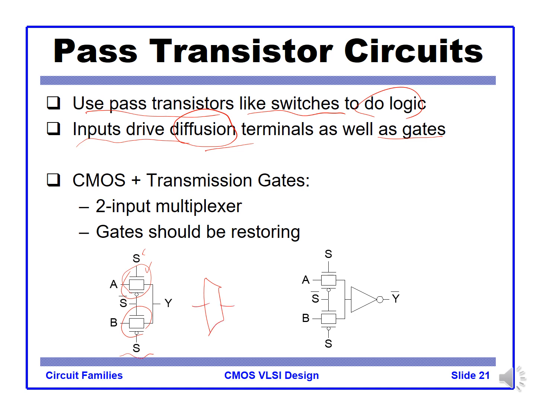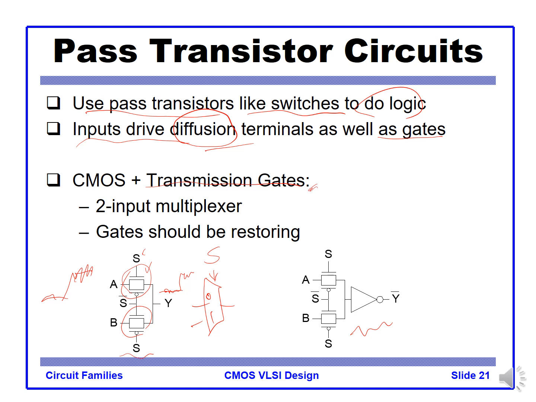The problem with the multiplexer using the transmission gate is that any noise on the input will pass through to the output. So to avoid that, we add an inverter at the output of the transmission gate logic here.